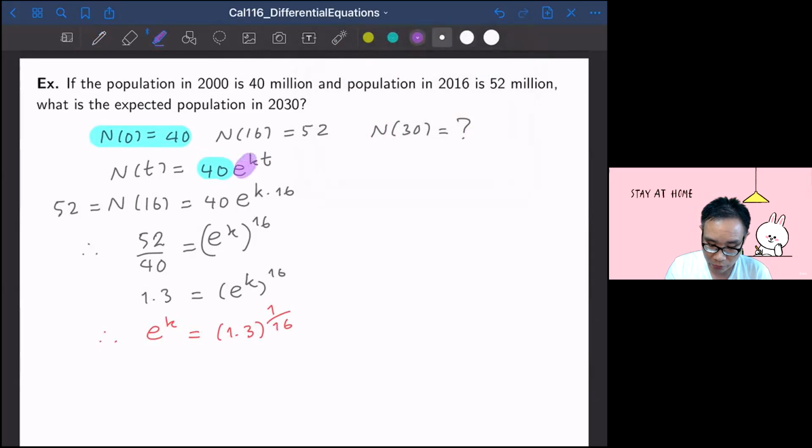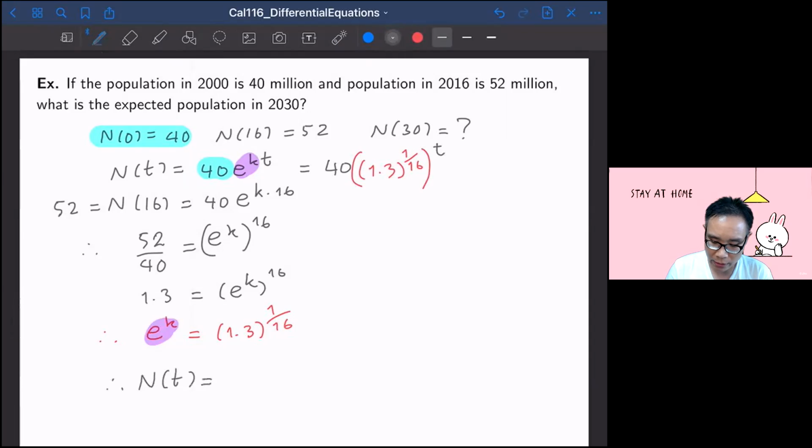So N(t) equals 40 times 1.3 to the t over 16.